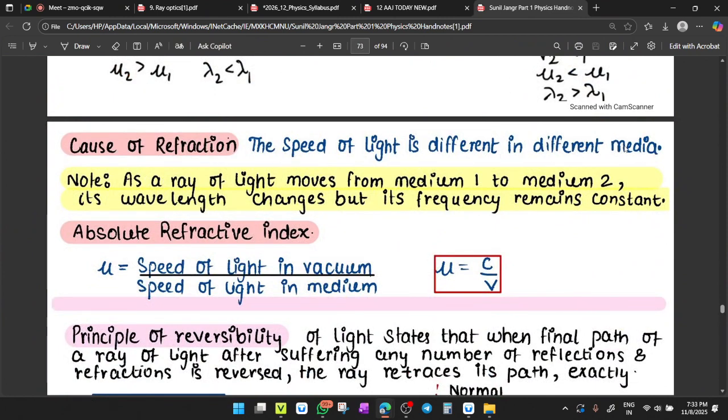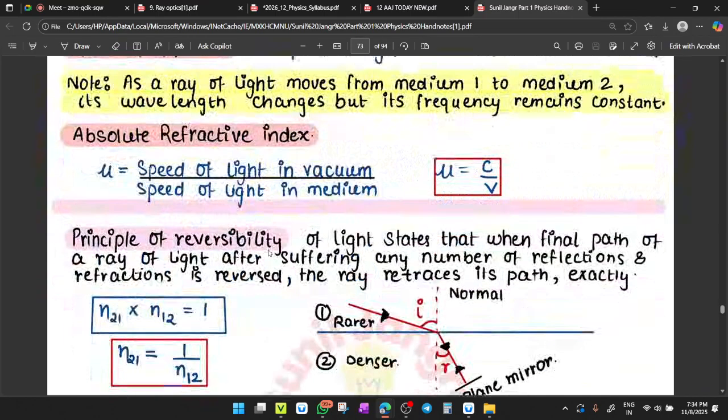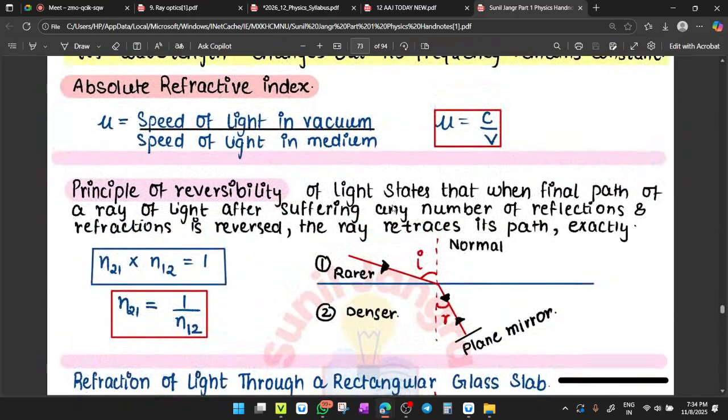The speed of light is different in different mediums, and wavelength is also different in different mediums. And absolute refractive index and relative refractive index. Clear? Before going on, we revise the principle of reversibility.